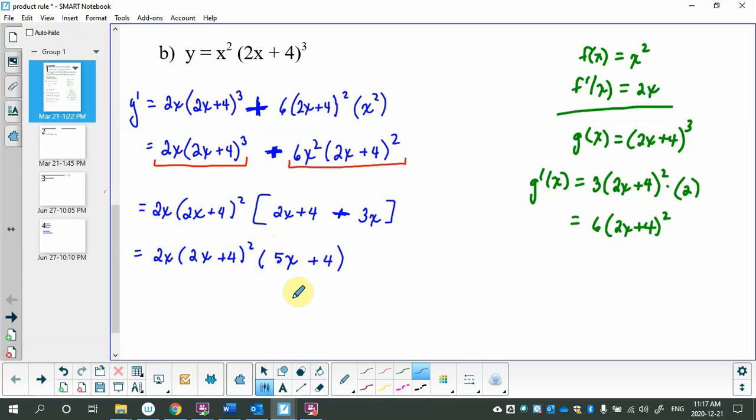And this is just fine as an answer, but like I mentioned in one of the previous notes, chances are fairly good that the answer ends up looking like this in the back of a book, where this piece is first because it's a monomial, this piece is second because it doesn't have an exponent, and then the 2x plus 4 to the 2 is last. Not that it matters which version you use.